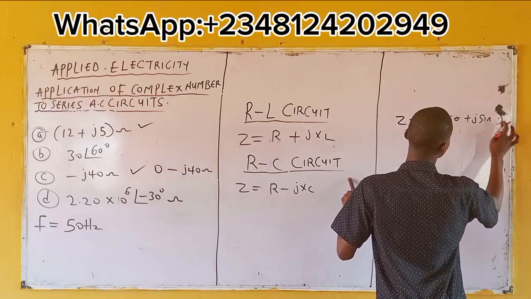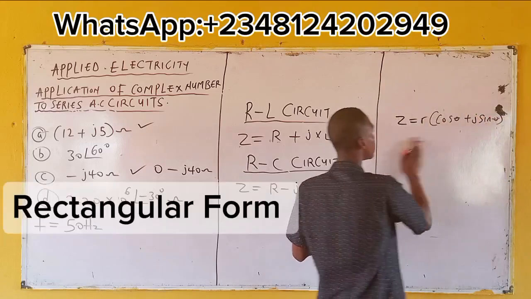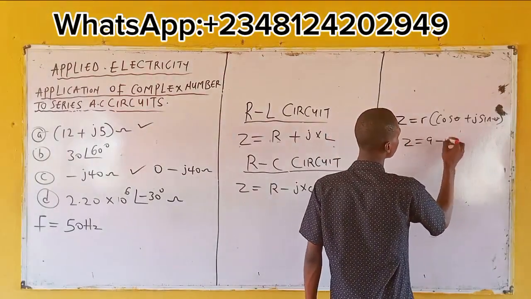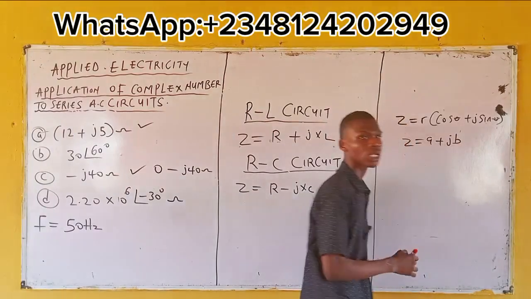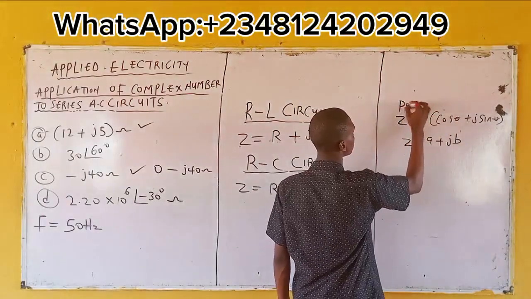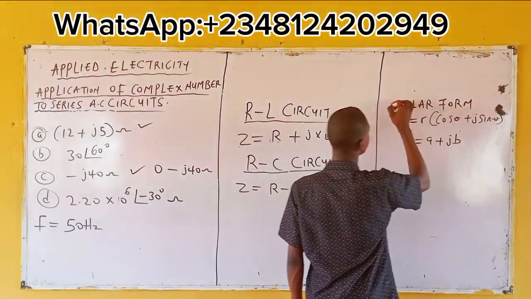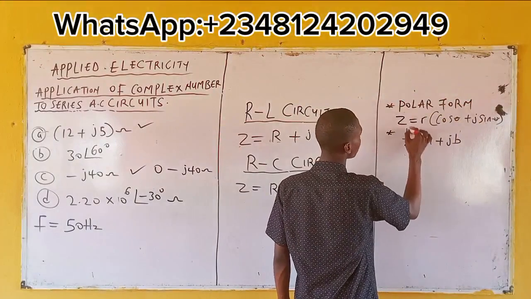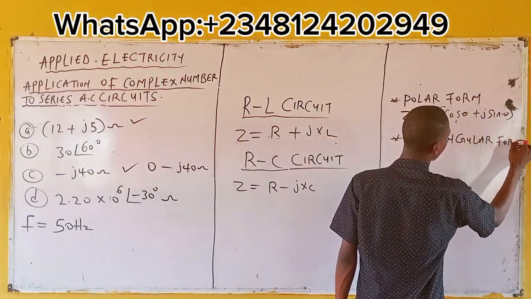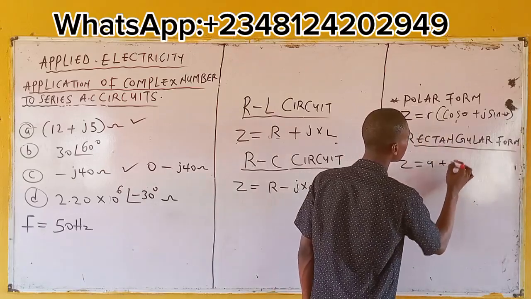You are converting this polar form to a complex number, meaning Z is equal to A plus jB. This is your rectangular form.